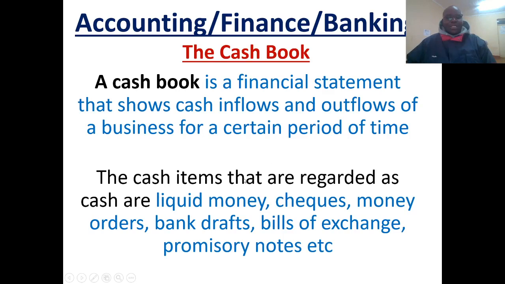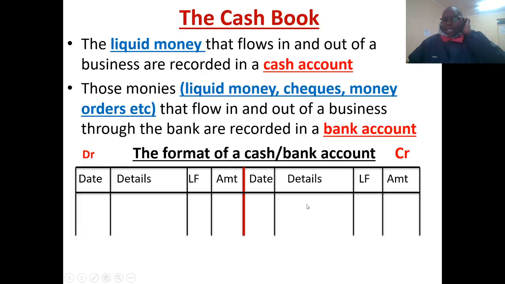And the cash items that flow in and out of a business are regarded as liquid money, checks, money orders, bank drafts, bills of exchange, promissory notes, etc. The liquid money that flows in and out of a business is recorded in a cash account, while those monies, that is liquid money, checks, money orders that flow in and out of a business through the bank are recorded in a bank account.